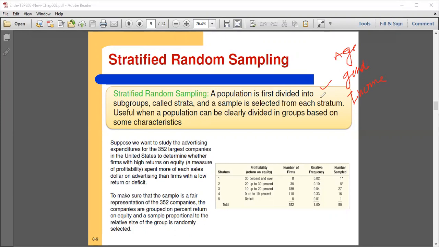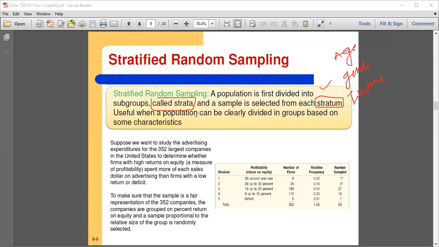A population is first divided into subgroups called strata. So these subgroups are called strata, and a sample is selected from each stratum. So these are the terminologies you need to understand, that these groups are called strata and a sample is selected from each stratum.